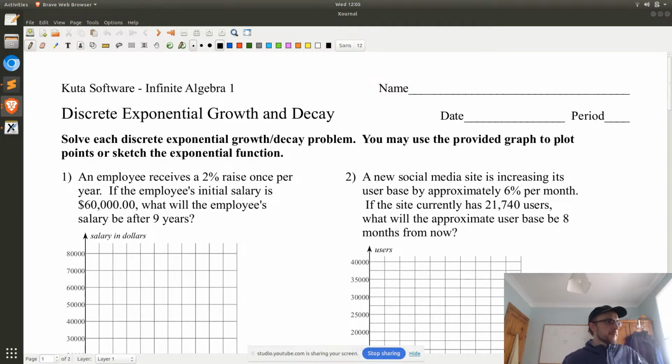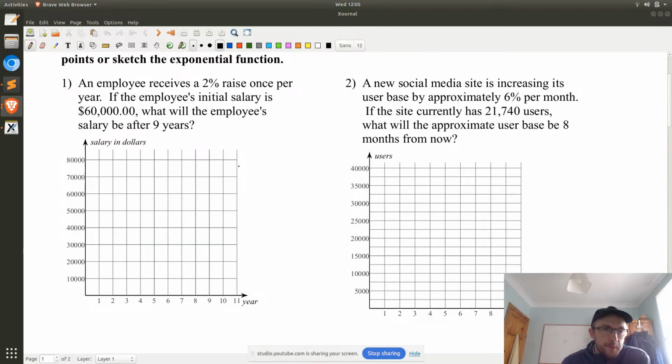And next, discrete exponential growth and decay. Okay, only 4 tasks. Not very bad at all.